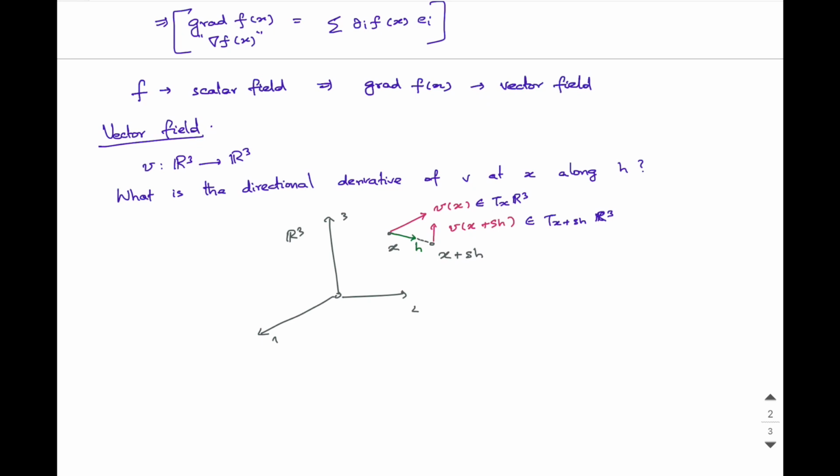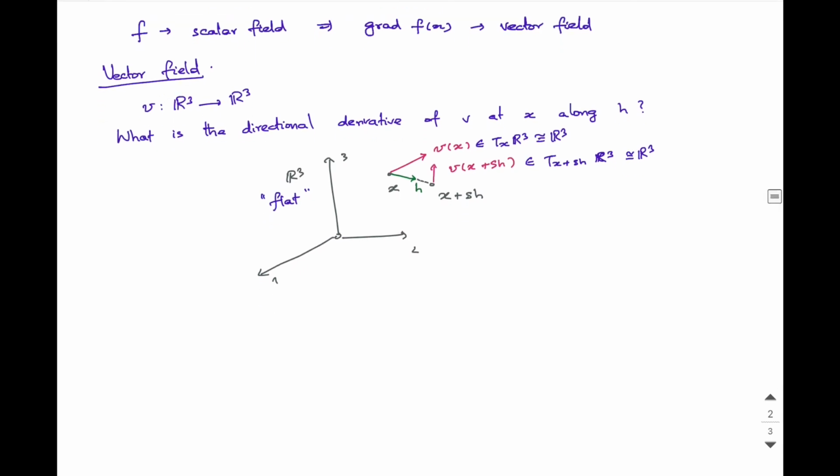However, in the case of R3, which is a flat space, each tangent space is isomorphic to R3, so you can actually compare in this case. The treatment becomes a lot simpler in the context of Euclidean spaces because they are flat. Let's exploit that. In the general case you need to worry about a manifold, where you have to be much more careful about how you define the directional derivative, but we don't have to worry about that here.